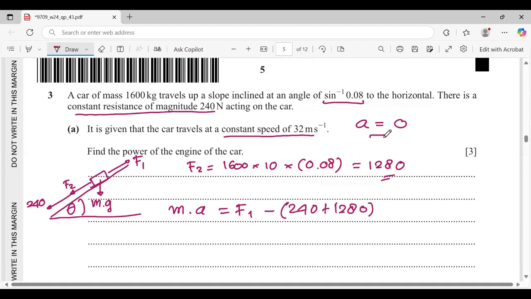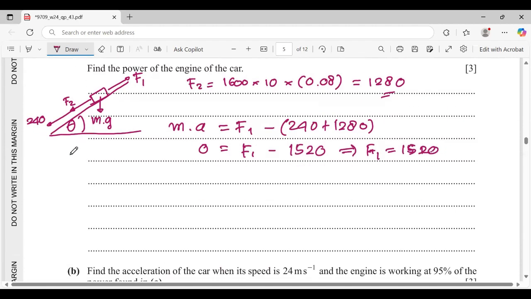As you know, acceleration equals 0, so this is 0, and if you calculate this, F1 minus 1,520. So we can find F1 equals 1,520. Fine.